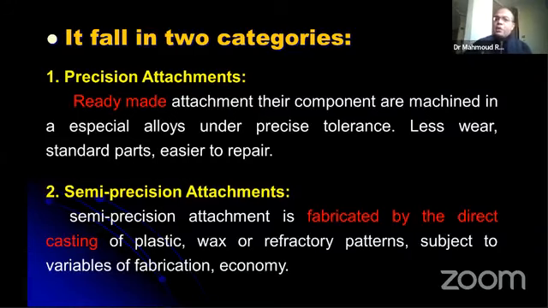Once you make a casting for an attachment part, it will be called a semi-precision attachment, because of the casting procedures the lab makes. Dimensional instability may occur in this type of attachment, so it will be less accurate than the precision attachment.